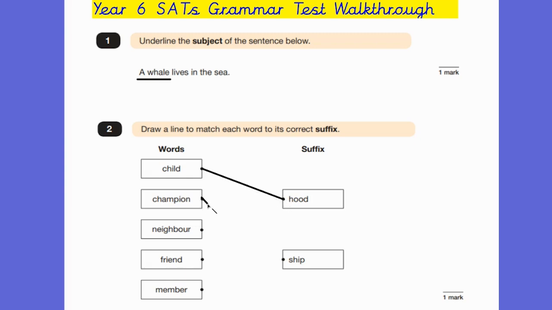Champion, I know that champion and ship makes championship. Neighbour would join with hood to make neighbourhood. Friend would join with ship to make friendship, and member, if we add ship to the end of that word, it would make the word membership.